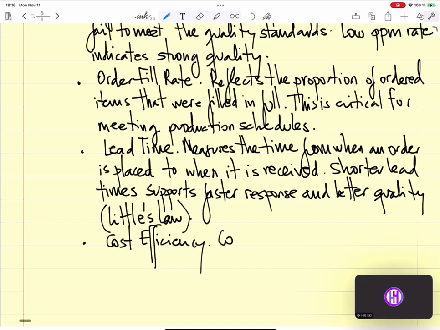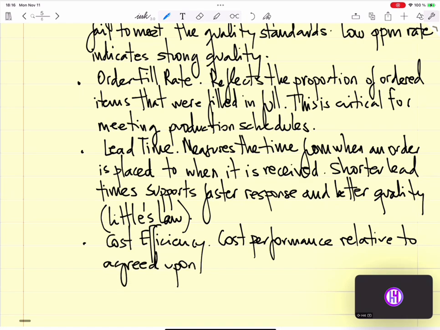Cost performance relative to agreed upon prices, and total cost reduction over time.